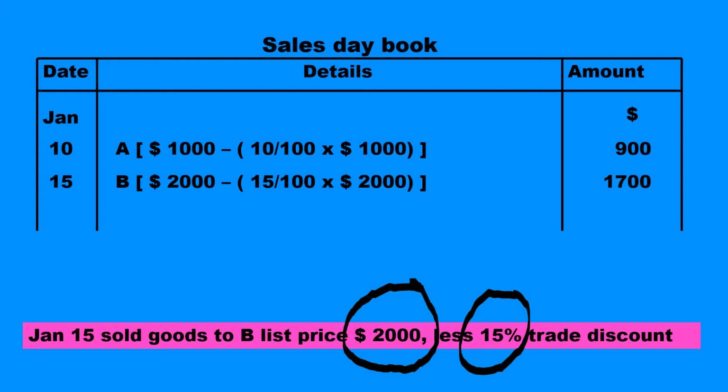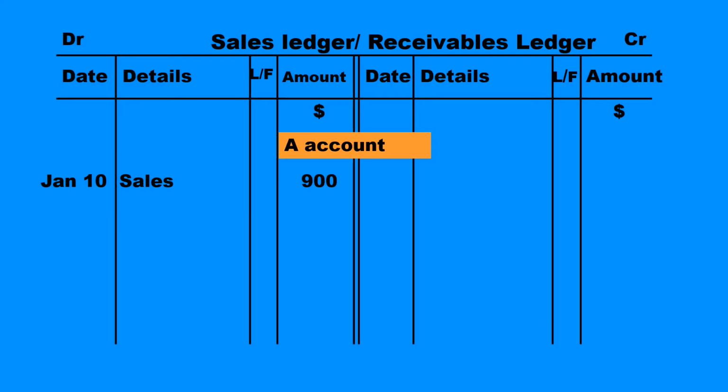It is this amount that should be recorded in the books. Therefore, in the sales ledger or receivables ledger, where we already had the account of A, on the debit side sales 900, now we record the account of B, on the debit side, sales 1700. So nowhere do we record the list price, nor the trade discount.